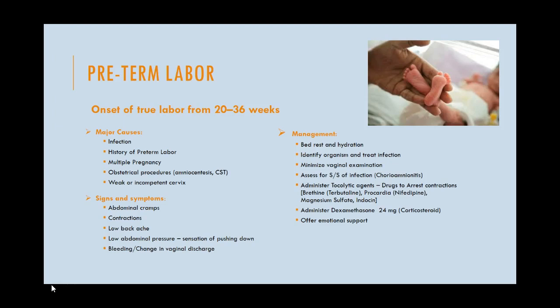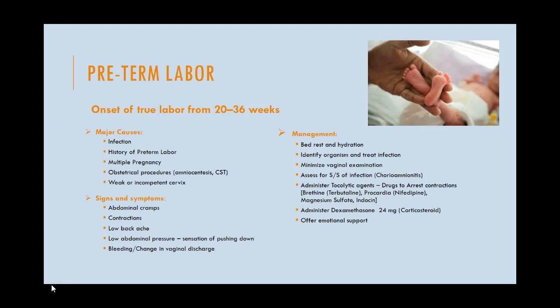We want to assess for signs and symptoms of another type of infection called chorioamnionitis. And that's an infection of the chorion and the amniotic sac of mom. You'll often hear it called chorio. It has a really foul smell. And moms will usually run a temperature with this.